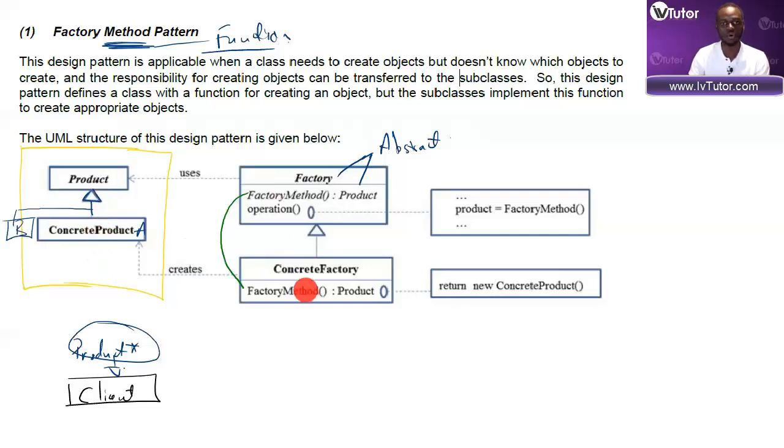So this is always going to return this one instance. But what if you had 3 classes here, A, B, and C, all inheriting from product? It means your factory method needs to know which one to return. That is the first thing, right? It needs to know which one to return.